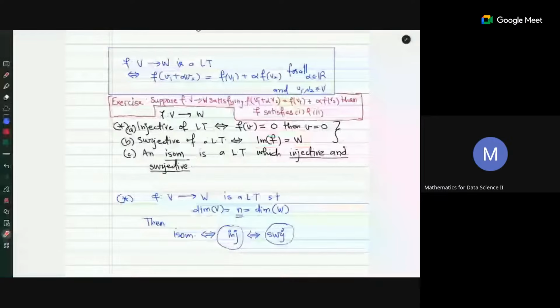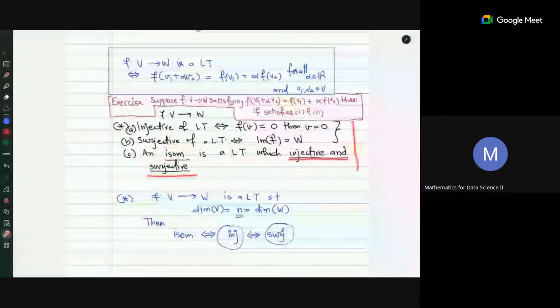Now an isomorphism is a fancy way to say a bijection in vector space terminology. Whenever a linear map is bijective, it is called an isomorphism, and it simply means that it is injective and surjective.